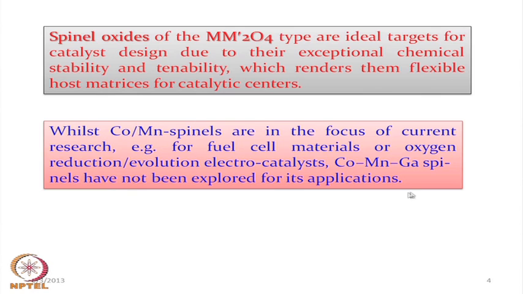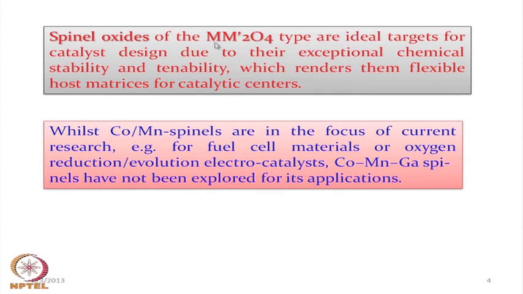Similarly, if we put a third metal ion into the cobalt and manganese spinel, such as gallium, this sort of spinel arrangement is a difficult one, people are working on it, and it has had very little application till now.